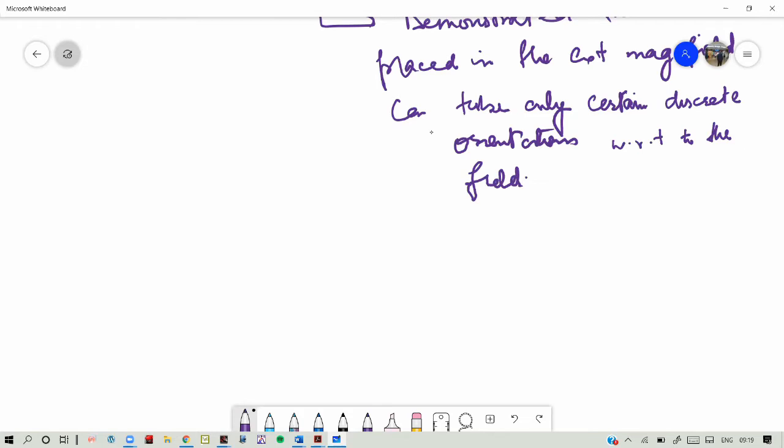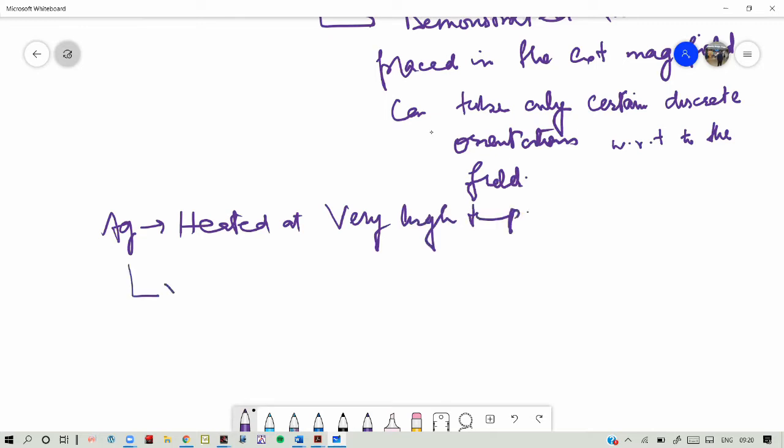If we see the arrangement of the experiment, they took silver heated at a very high temperature, and it became silver vapor. So it was vaporized by temperature in an oven.